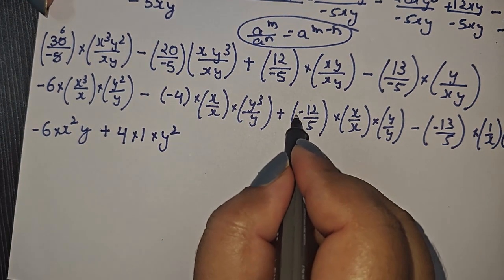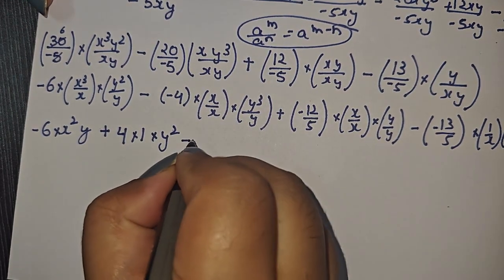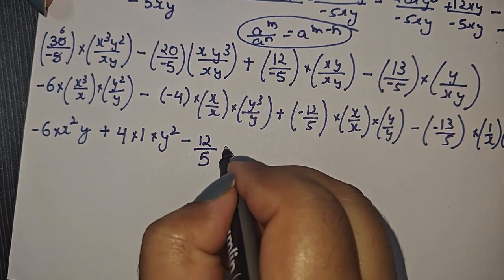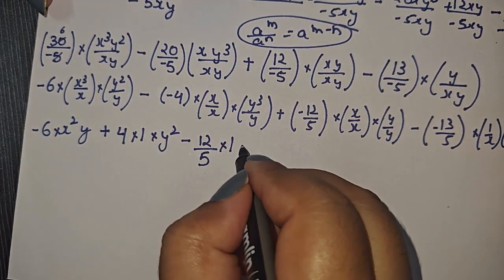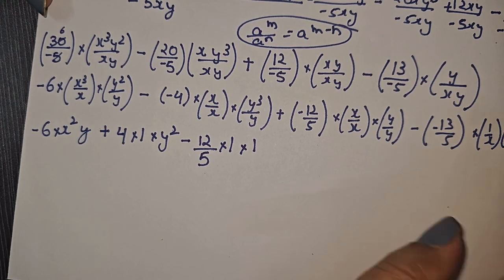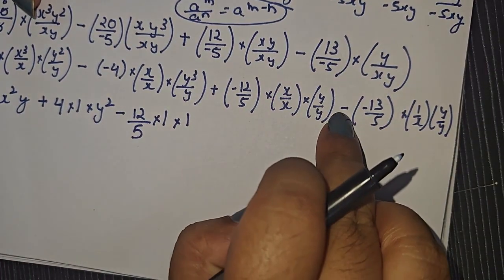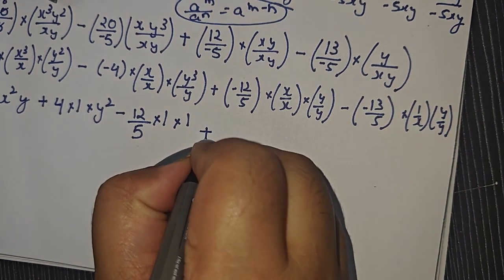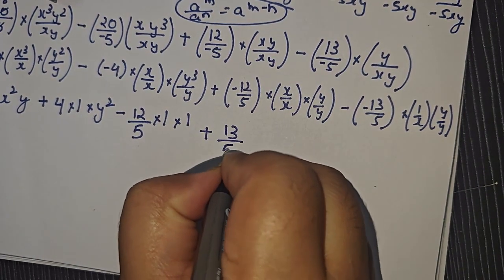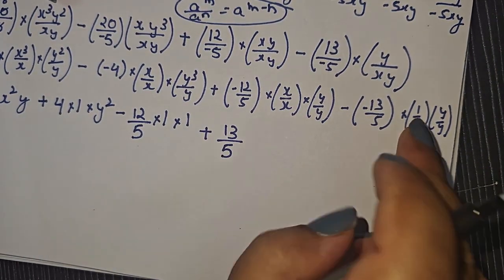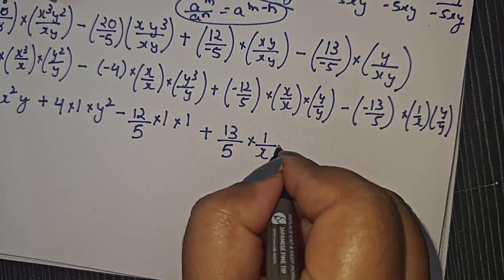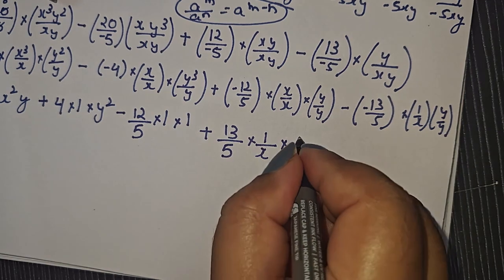Now plus minus will be minus 12 by 5. This one will be 1 and this one will also be 1. Further we have minus minus, so minus minus will be plus 13 by 5 and this will be 1 by x and this one will be 1.